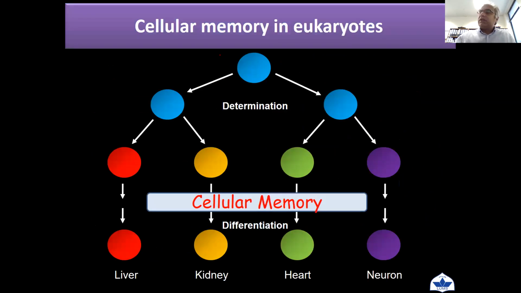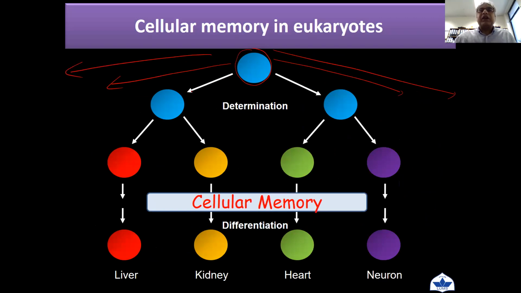Okay, so this cartoon tells you that you started life here, then you were many hundreds of cells, and they start becoming different. So we call this stage cell fate determination. And this happens at the level of gene expression.